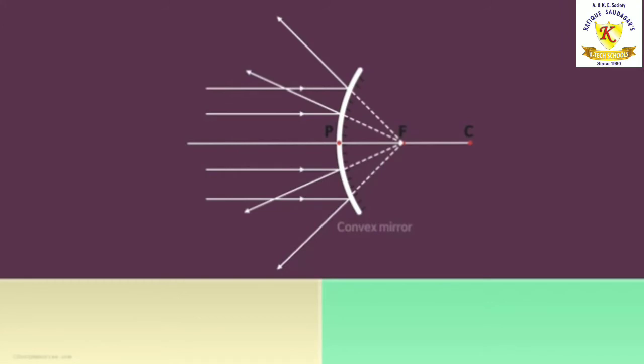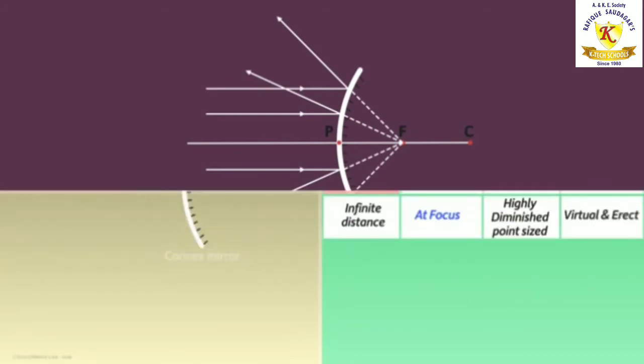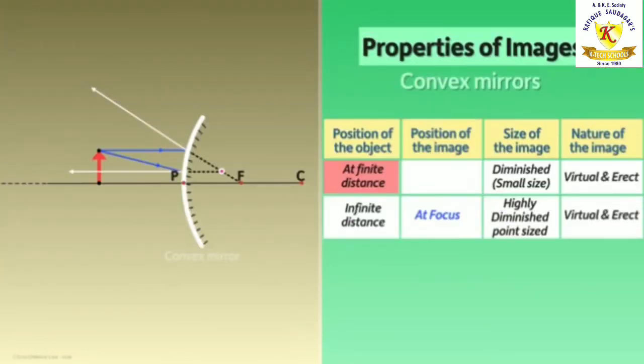For instance, here all these reflected rays seem to be coming from this focal point. With this bit of knowledge, now let's jump back to where we were initially. Now I think you understood the reason why I chose these two rays.